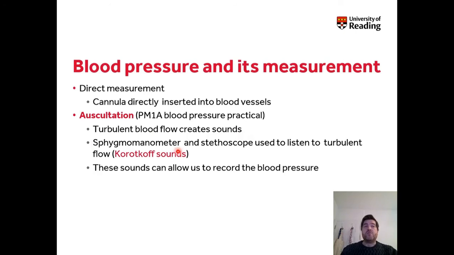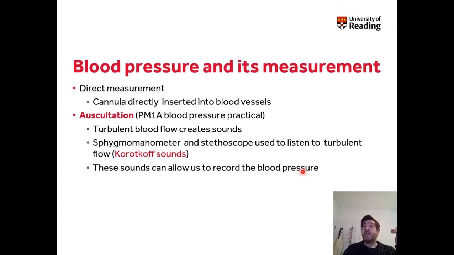So you can use a device called a sphygmomanometer, which is a pressure cuff attached to a pressure gauge, and a stethoscope to listen to the sounds of turbulent flow. And again, in the practical, you will listen to some of these sounds, which are called Korotkoff sounds.